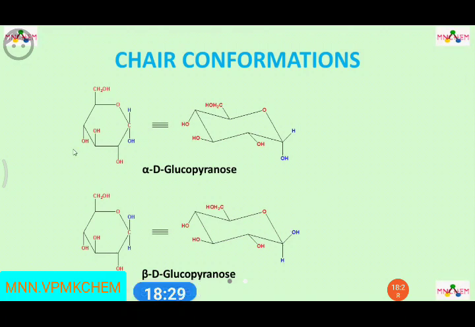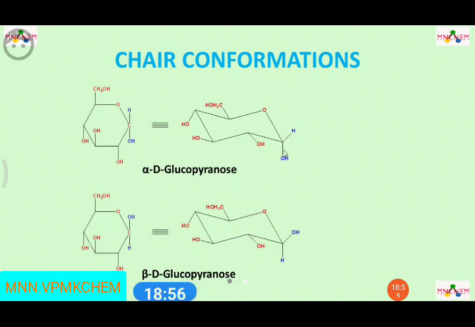The substituents which are written above or below in the Haworth formula will be written in the same manner in the chair conformation. That is, the OH which is below in the alpha anomer is written below in the chair conformation.